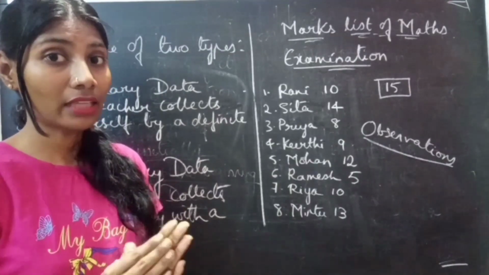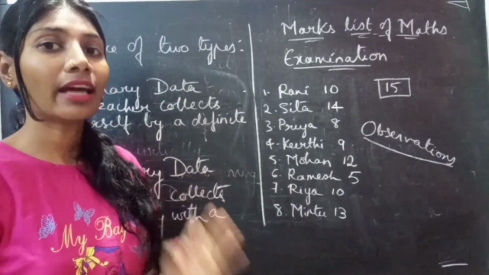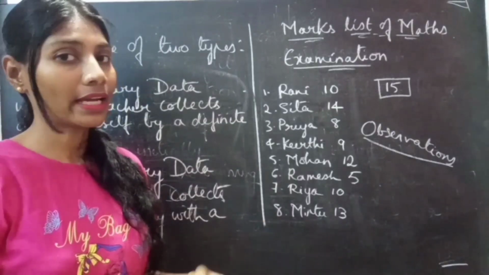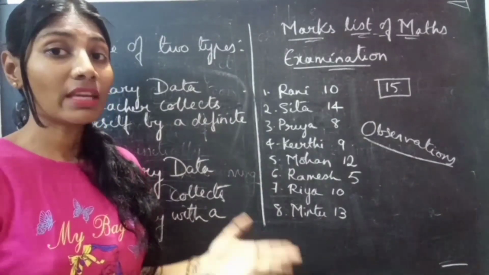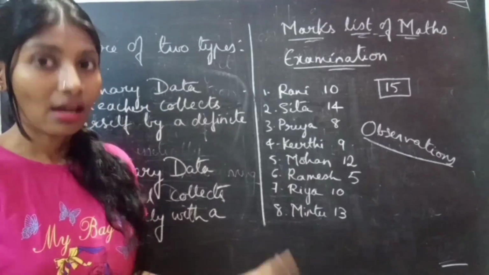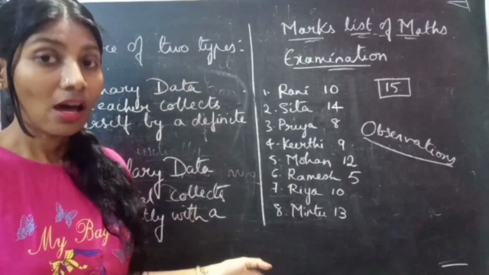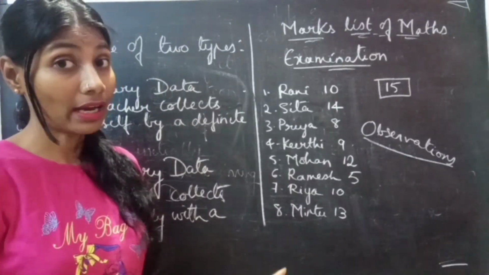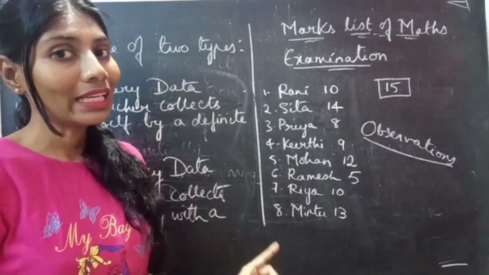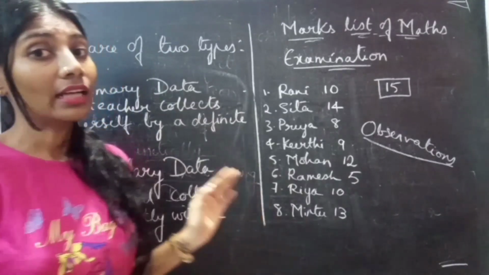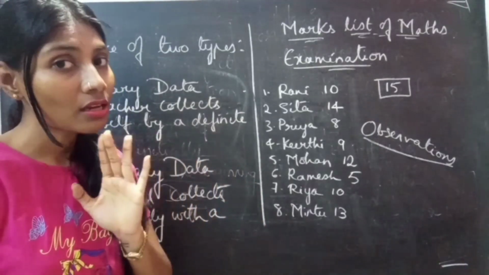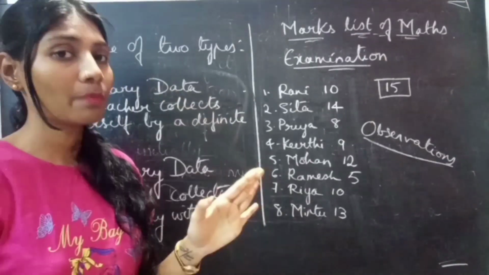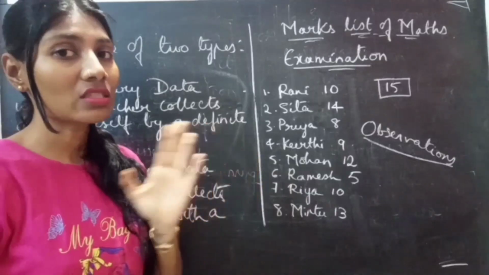She had directly collected the list of marks by conducting the examination, so we call it primary data. Next, coming to secondary data, the principal collects the data from the teacher. But the condition is that the principal does not conduct the examination, correct the papers or make the list of marks.